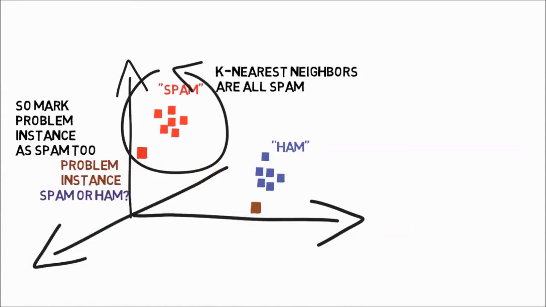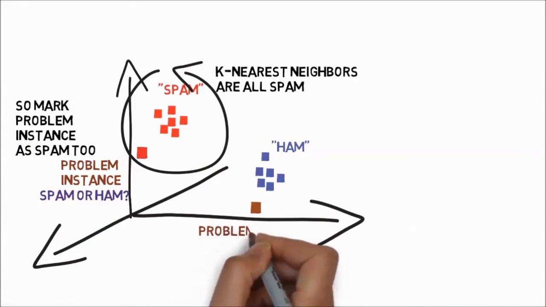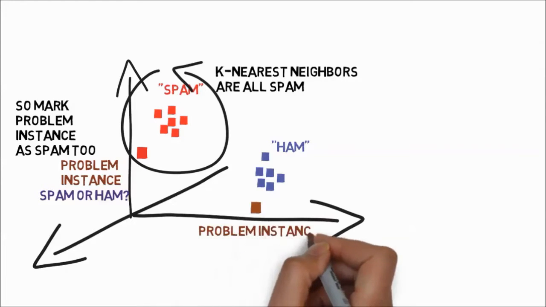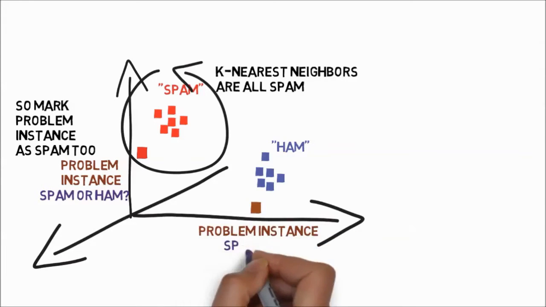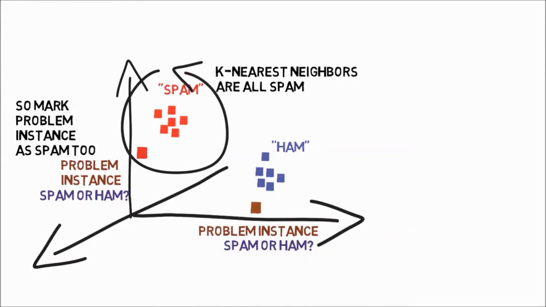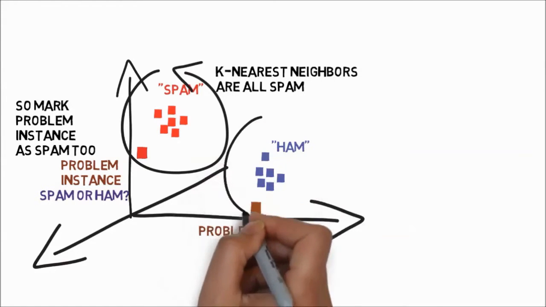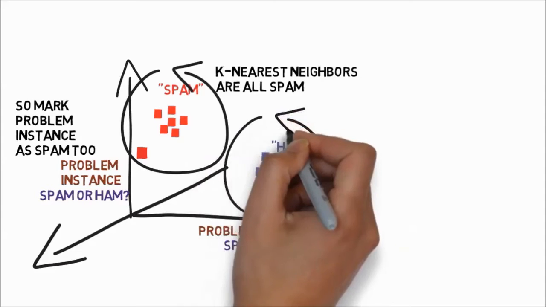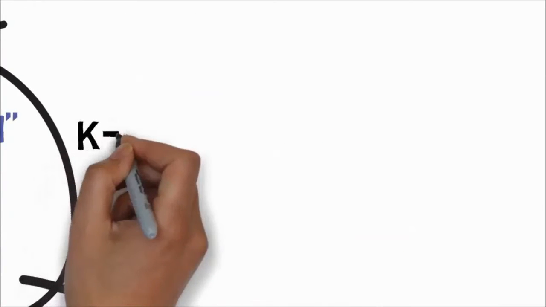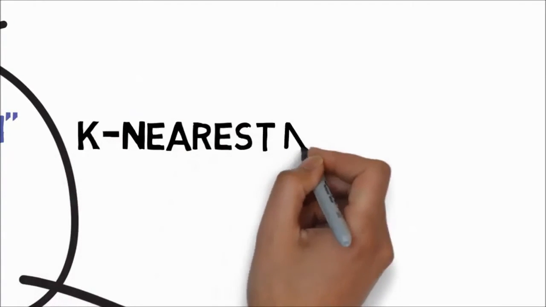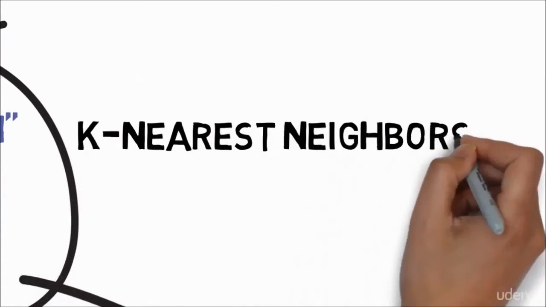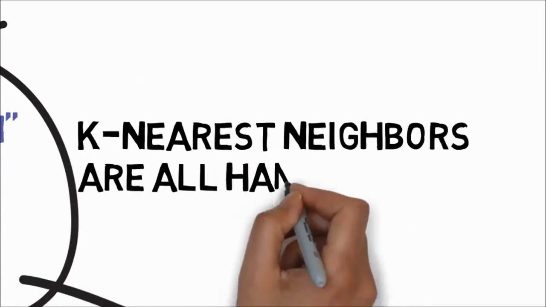Another data point comes in, another problem instance email. If the k nearest neighbors or the majority of those k nearest neighbors for this point are ham, it will mark it as a ham email. This is basically the k nearest neighbors algorithm.